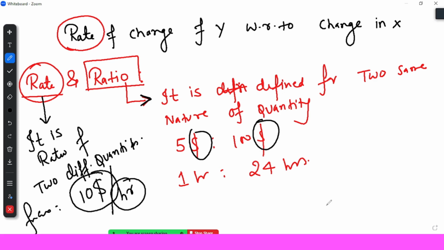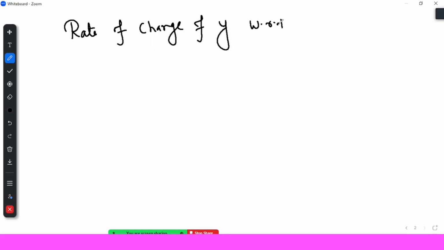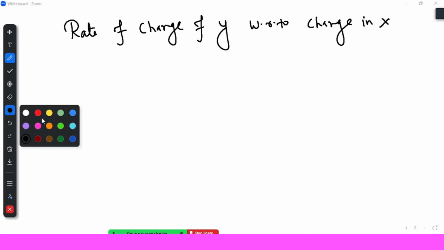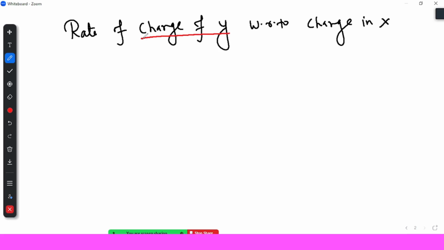Is it okay? Now we have to explain the rate of change of y with respect to change in x. First, see how we indicate change in y and change in x.